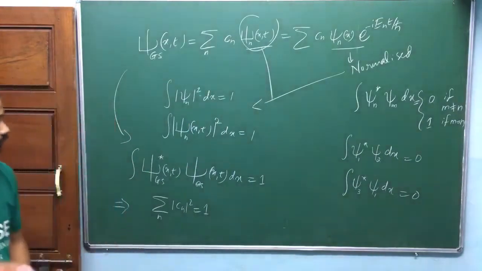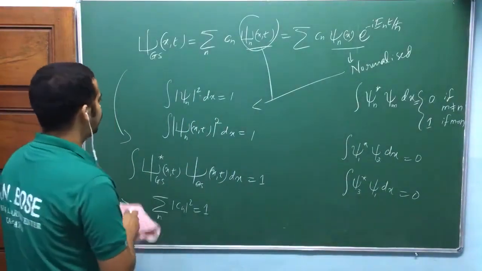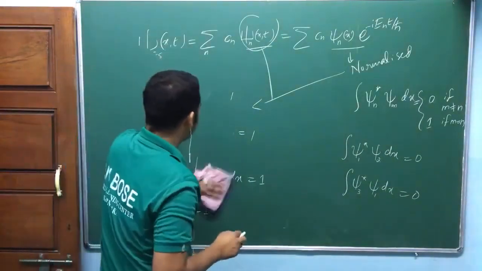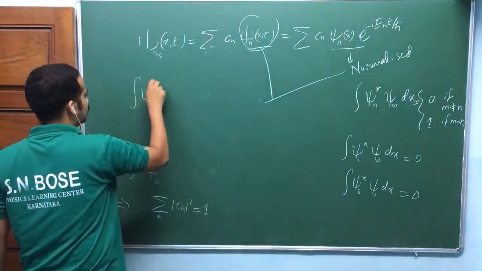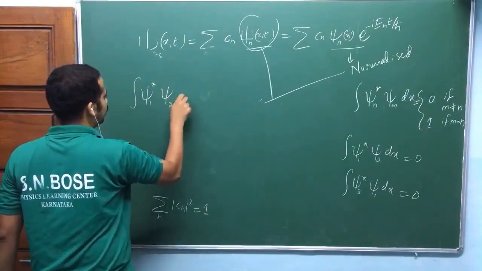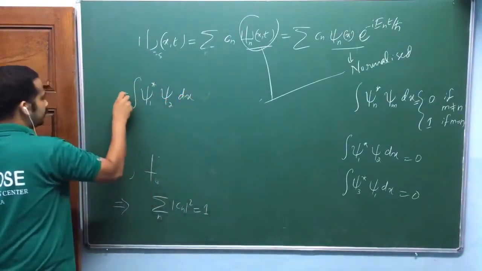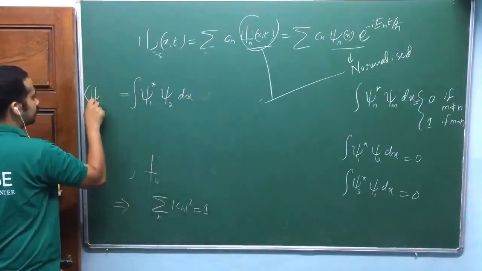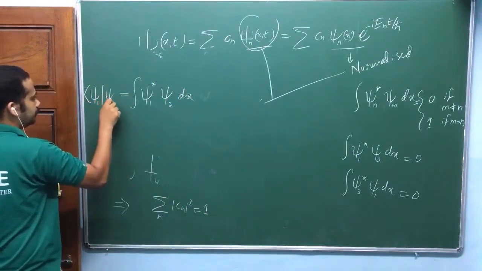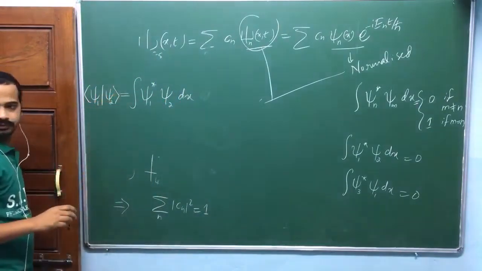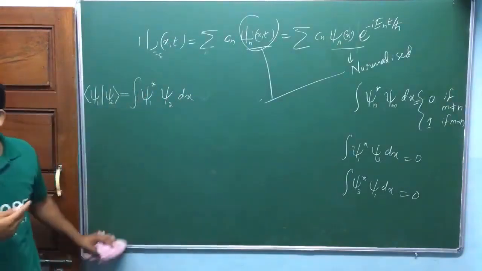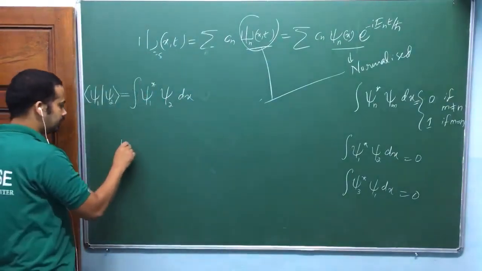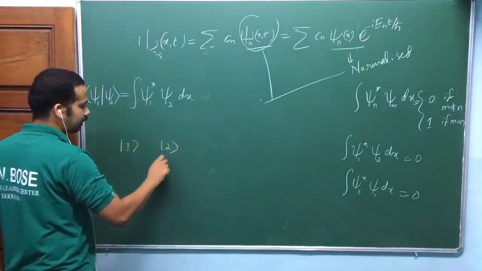Now, what I am saying here is, look at this psi star into psi that we write, the integral of psi 1 star into psi 2 dx. We write it like this. In Dirac notation, it is written as psi 1, psi 2. In the problems, there are many Dirac notation questions, where they say state 1, state 2 like that.